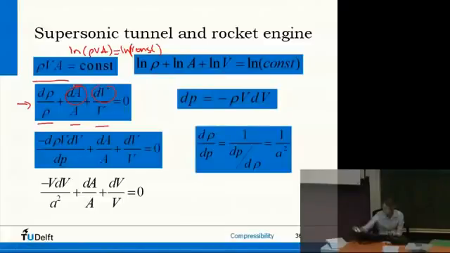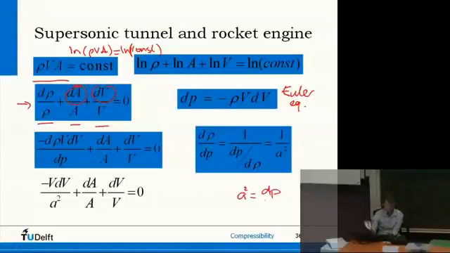Compressible flow relation again. Of course, we cannot use the incompressible flow here because we also would like to go to transonic and supersonic flow. The Euler equation is dP is minus rho V dV. Please note it's capital V, so this is speed, velocity. And we also have, of course, the relation a squared is dP over d rho.